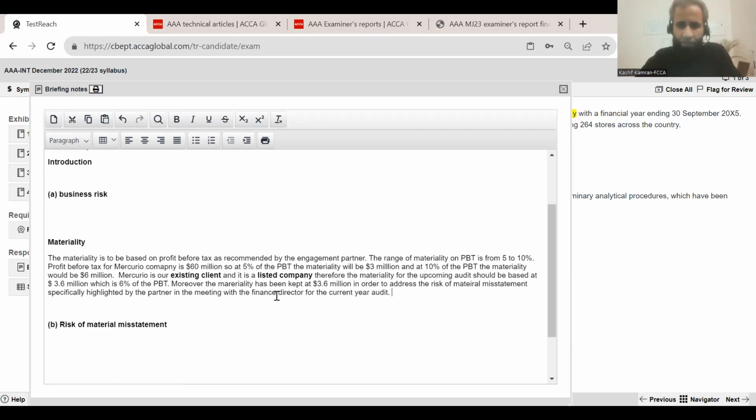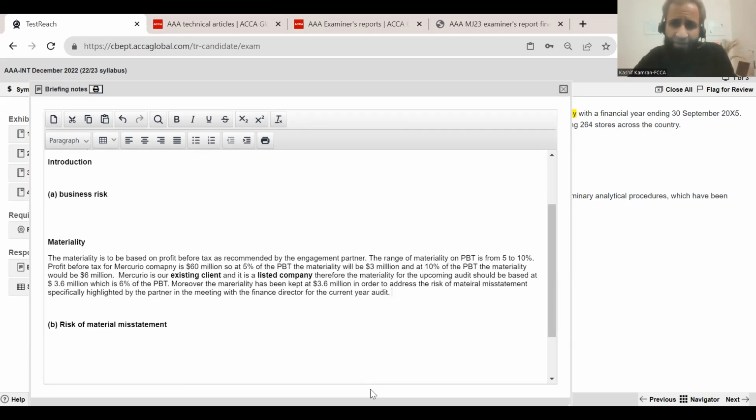So that's my justification. The examiner is looking for calculating the range and then choosing which of the range you will follow: the lowest, the highest, or something in the middle. You can choose the lowest if it is a first year audit, for example. You can choose something in the middle if it is a recurring audit, but you cannot increase it very significantly because there will be some new risks when you start reading the case study and exhibits 1, 2, 3, 4.